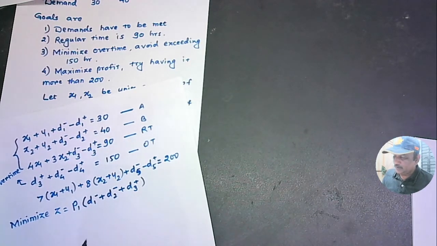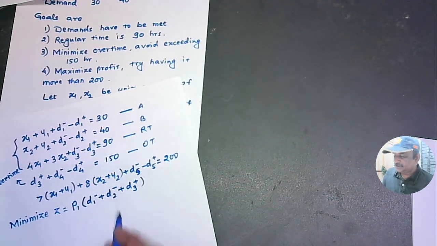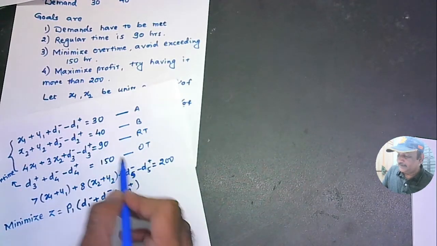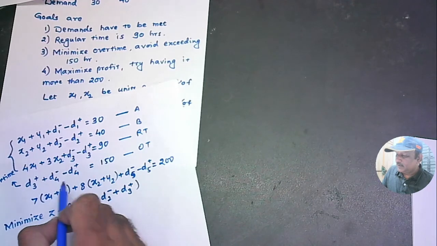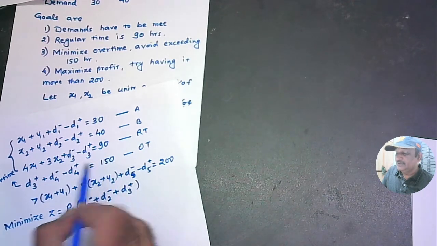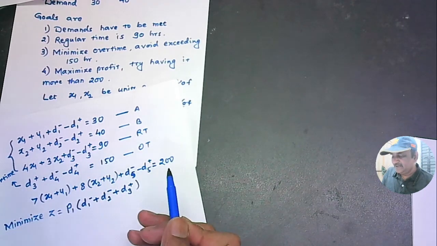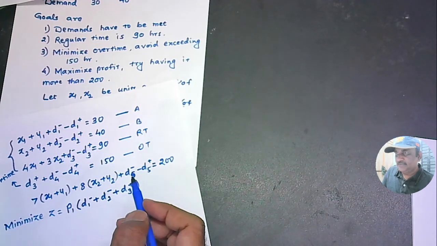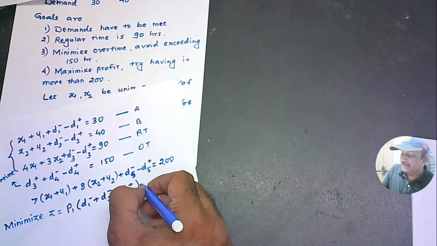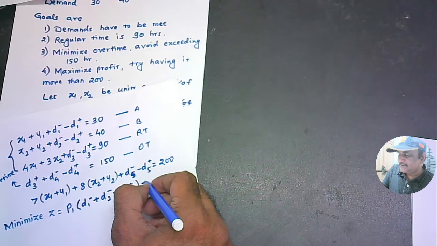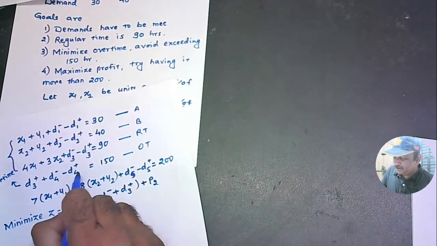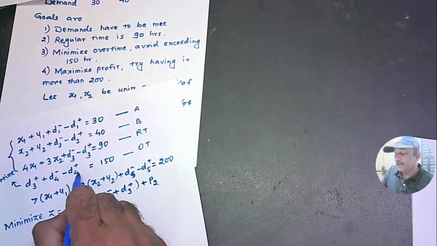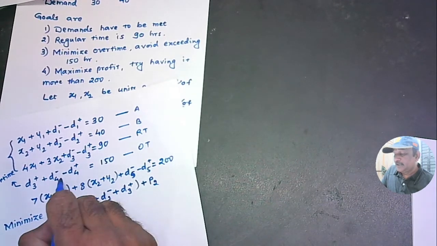Now let us go on to the next goal, which is overtime. I want to limit overtime to 150. It may exceed 150, but I want to keep that exceeding part as small as possible. So, P2. Which of these two will I keep lower?